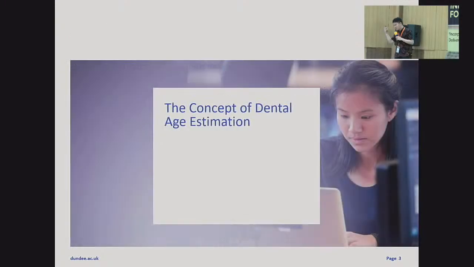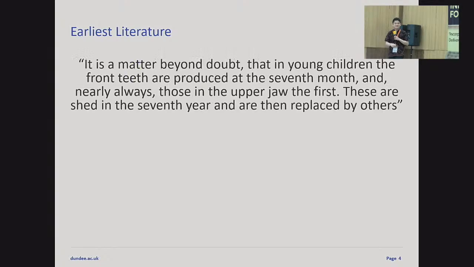First, we will talk about the concept. I want everyone here to have the same introduction to dental age estimation, even though I know that some of you already have experience with it. When I was doing a literature search for my dissertation, I found this sentence.